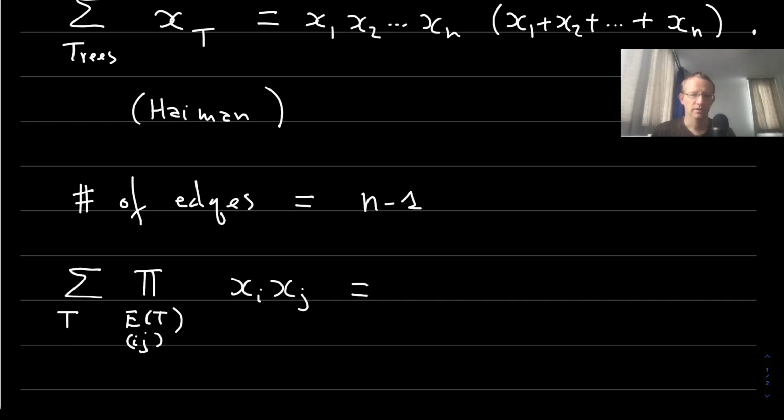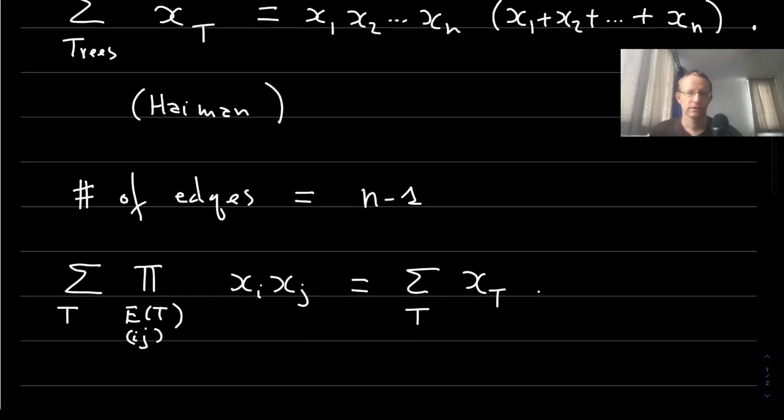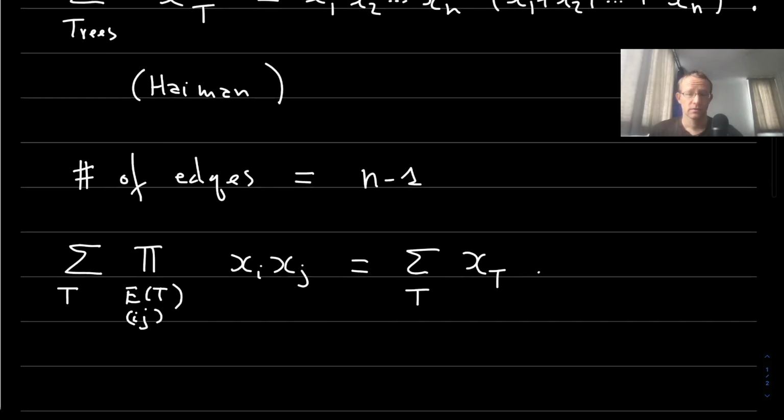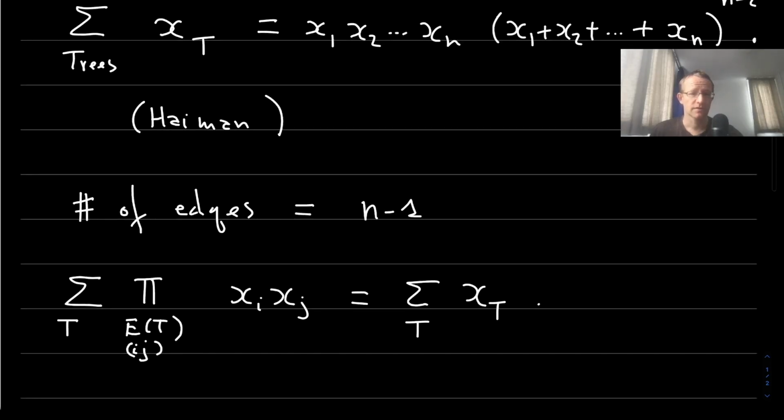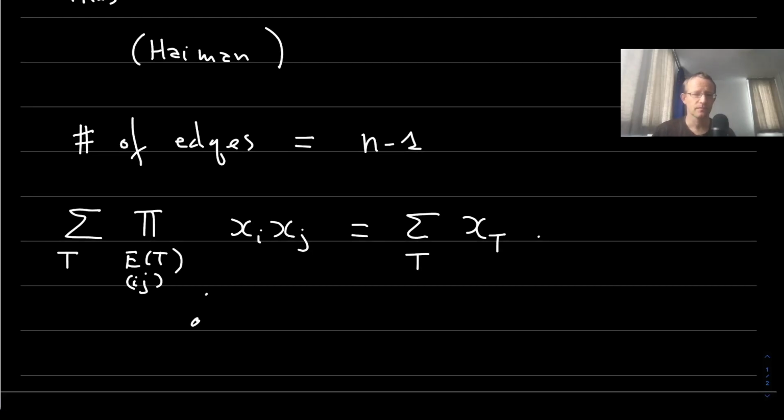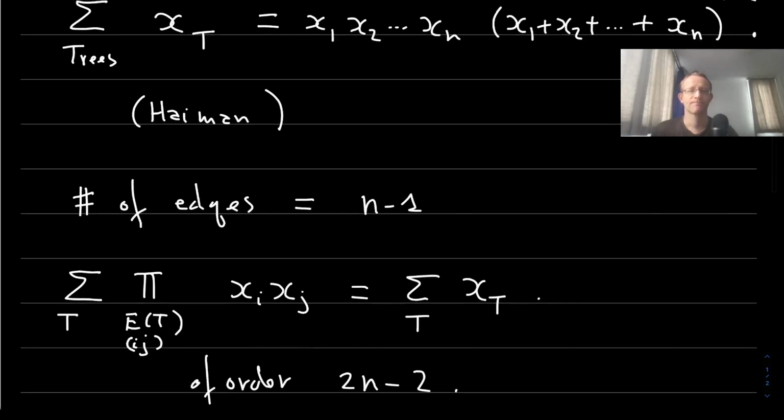This is my definition of my polynomial, and therefore, because the number of edges is n minus 1 and each edge contributes 2 to the power of a monomial, the polynomial will be of order 2n minus 2. Which indeed is the case for the right-hand side.